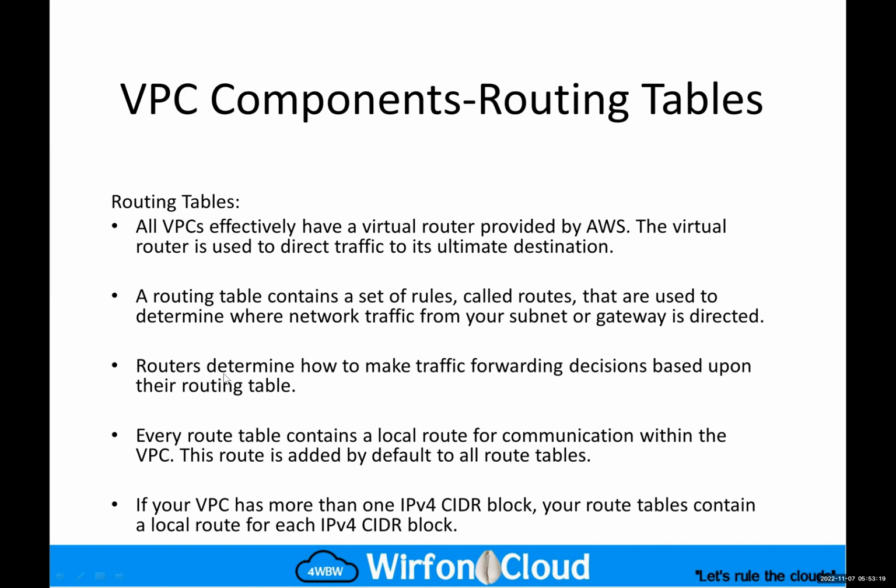It also has a default route, and you can add more routes to this route table. Also remember that the route table is for a specific CIDR block. So if your VPC has one or more CIDR blocks, then you also have multiple route tables that you have to specify.